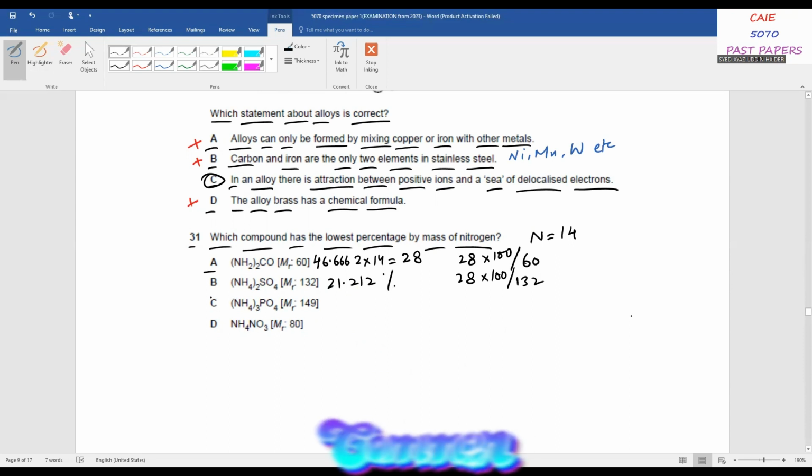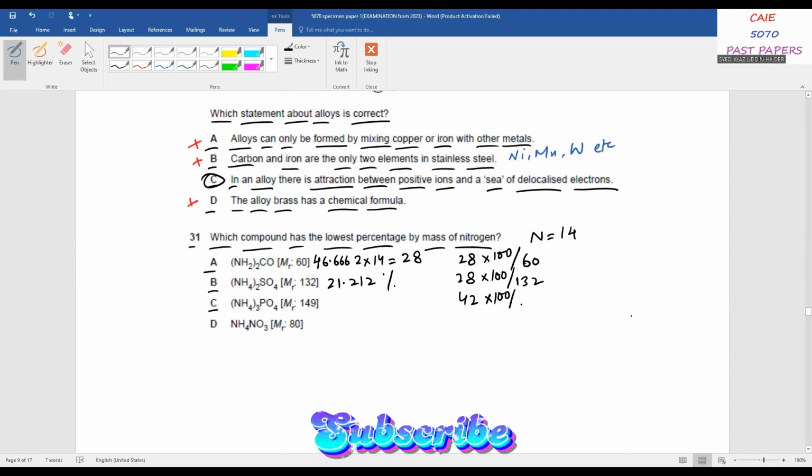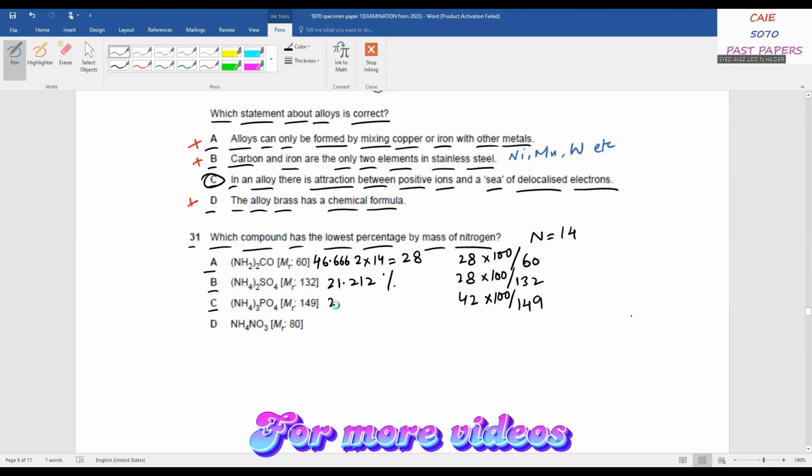Number C. Now you are having 3 nitrogen atoms. So you will multiply 3 by 14 and you will get 42. 42 will be multiplied by 100 and divided by the MR of ammonium phosphate, which is (NH4)3PO4. It is 149. You'll get 28.187.